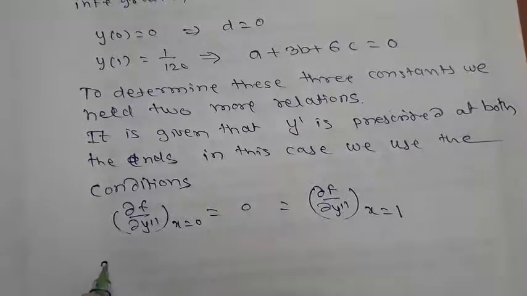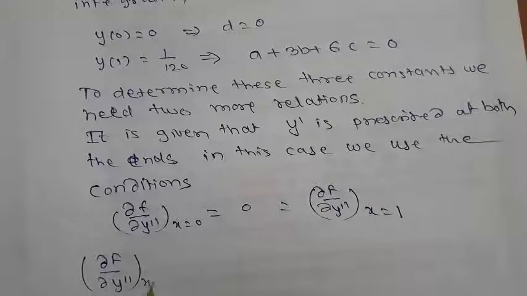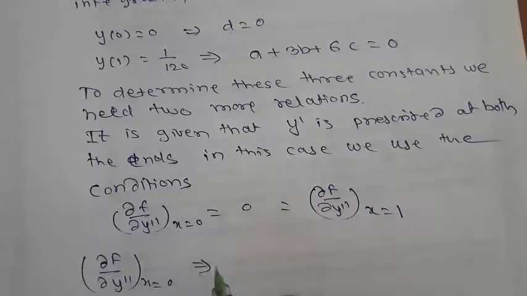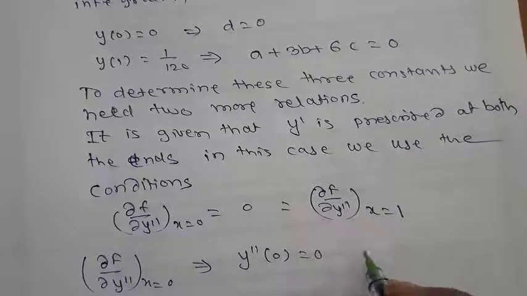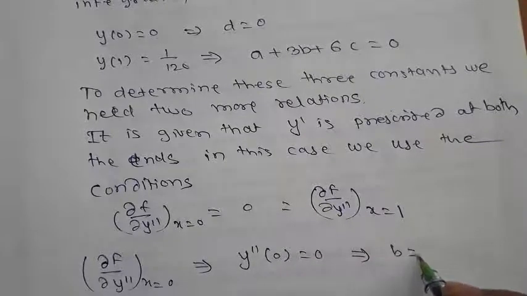The first condition implies y double dash at 0 equal to 0, and this gives b equal to 0.